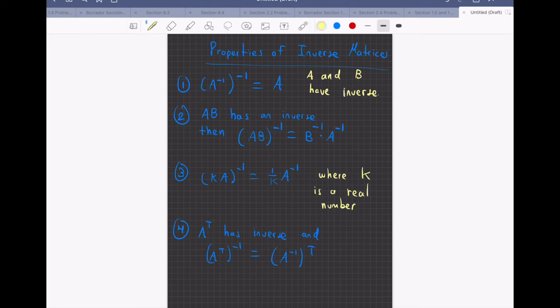Remember, this is the hypothesis: assume that A and B have inverse. So these properties, again, when I need them in the course, I will let you know. But in general, most of the time, maybe I will only mention them.